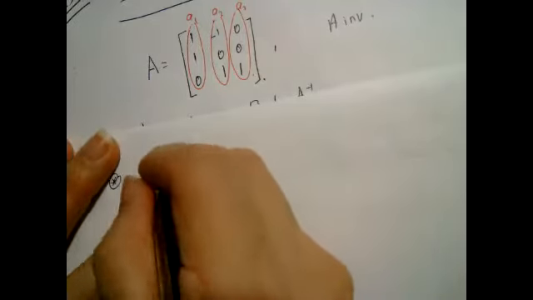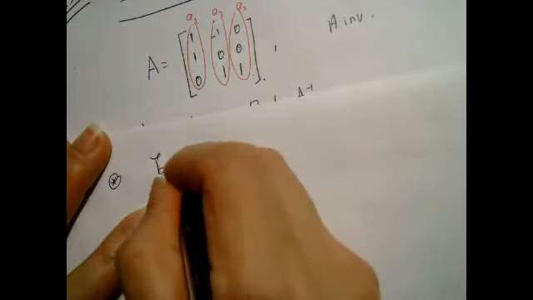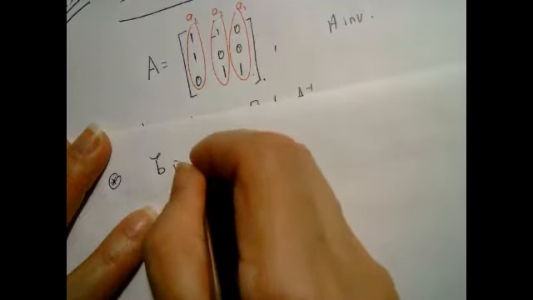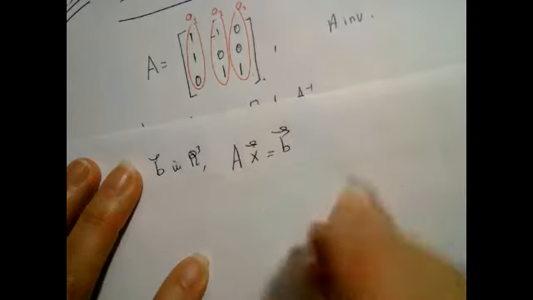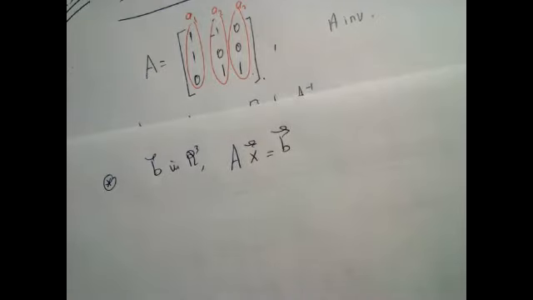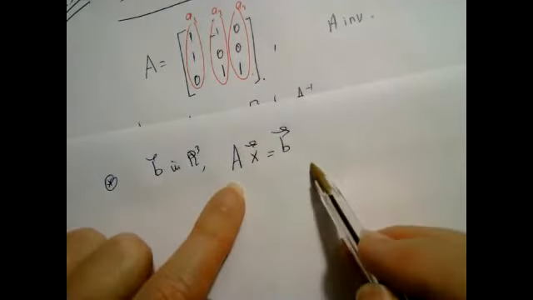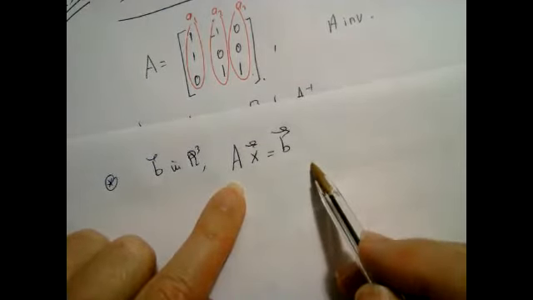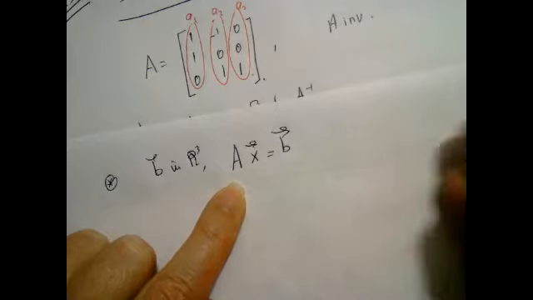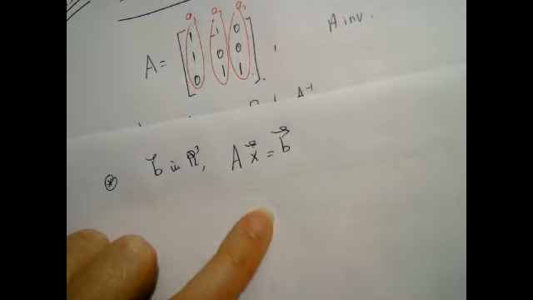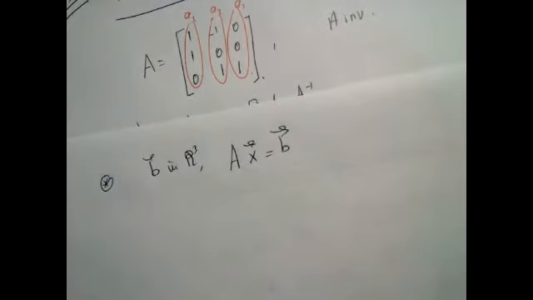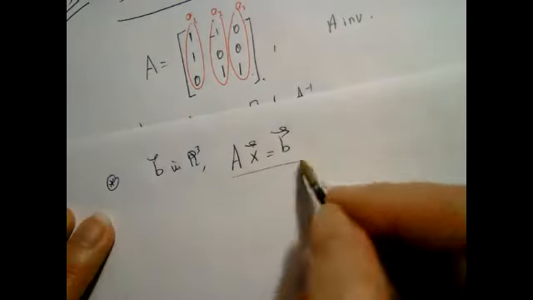If B is any vector in R3, something with 3 components, and I'm trying to solve the system AX equal to B. So I'm not giving you B, any B. And my question, the system AX equal to B, is it consistent or non-consistent for some B? Or is it consistent for all B? Or for some B it is, and for some others it's not? What can we say about the system AX equal to B?